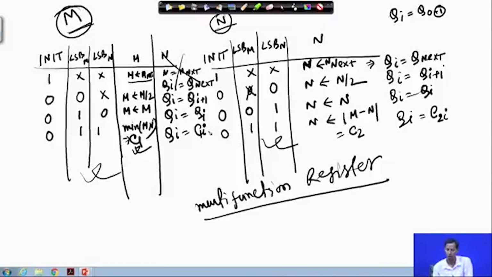Okay. So, now I have to implement this particular logic using the hardware. So, what will be the hardware for this?